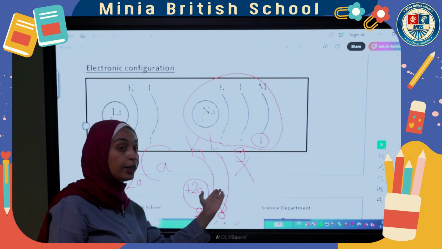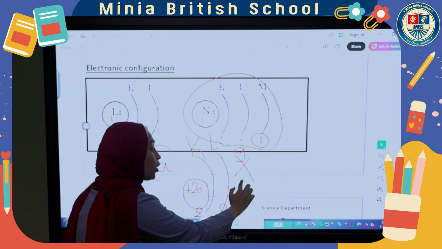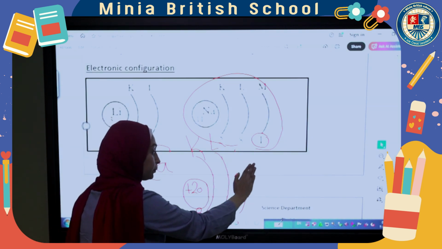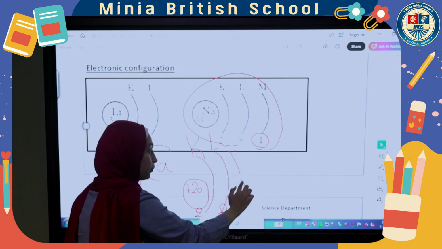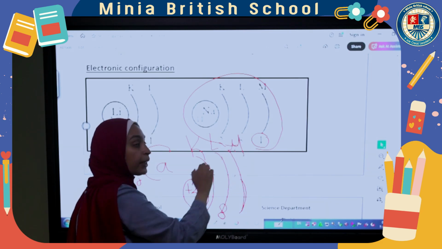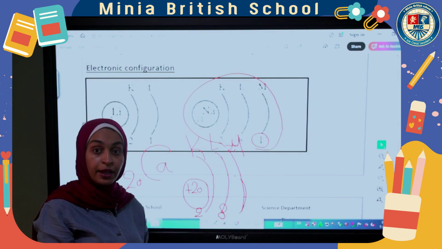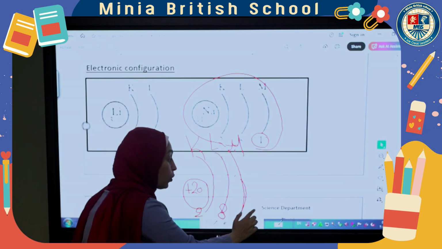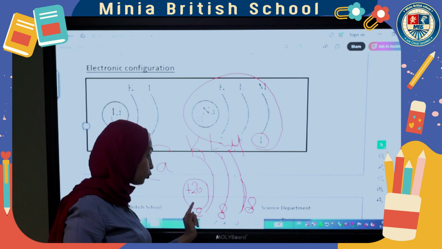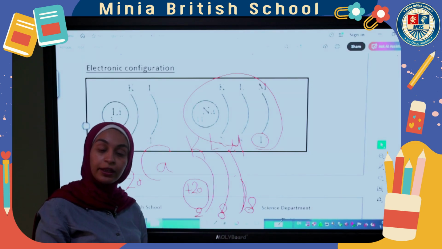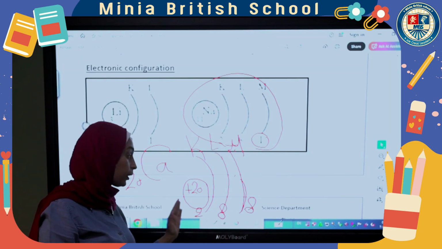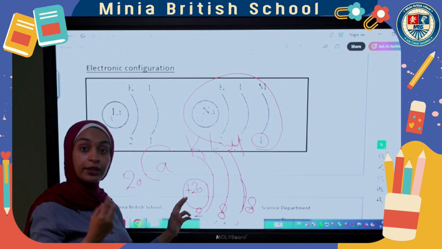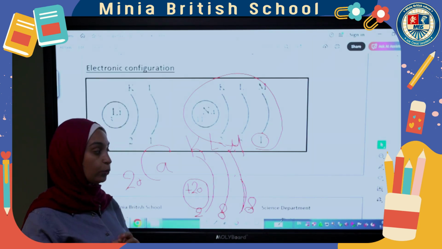How can I put the 10 in the other levels? Let's see. Also the M can be saturated till 8, and I cannot put more than 8 electrons in the M level, so I will write 8. Then 2 plus 8 plus 8 equals 18, and I have 20. The rest here will be 2 electrons.